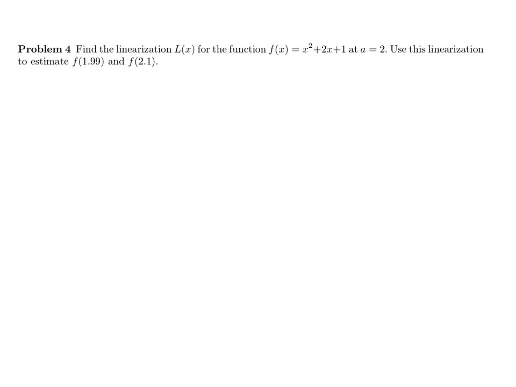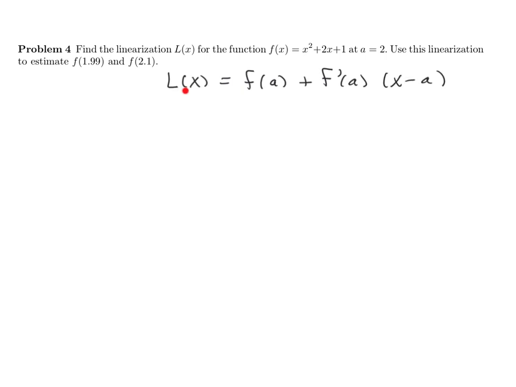Maybe I'll write down the formula for a linearization at a particular value. It is a simple equation. It's essentially the equation of a line. If you're looking to find the linearization at some location a, in this case equal to 2, it is f at that value a plus f prime of a times x minus a.